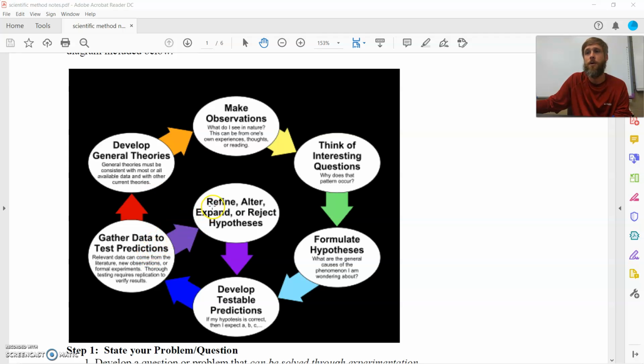Or, more likely, you're going to refine, alter, expand, or reject your hypotheses, and you start back over here and develop testable predictions. You test again. You collect data. Then you refine that. Then you collect more data. And so this step right here has to happen a lot before you get to developing a theory, much less something like a law.